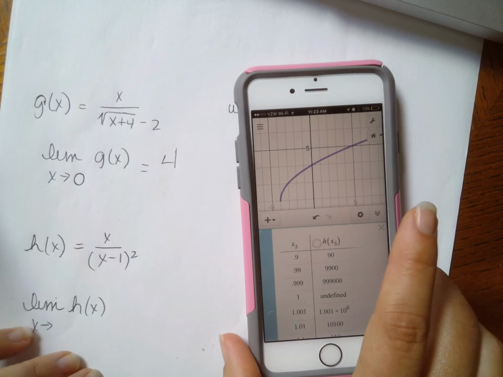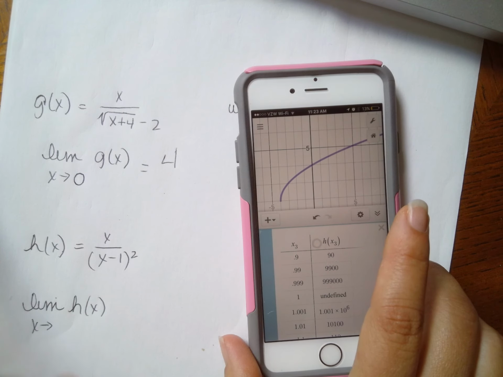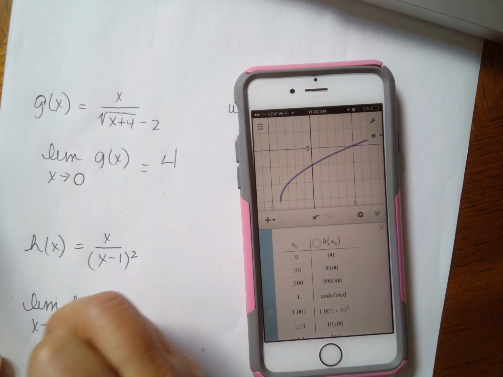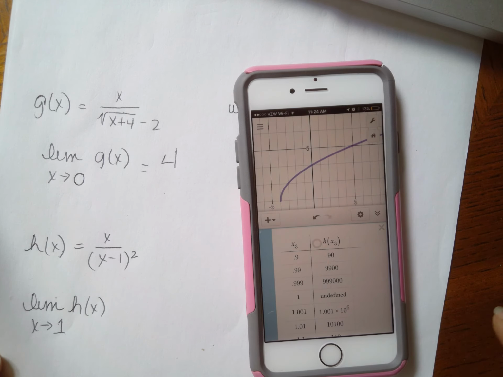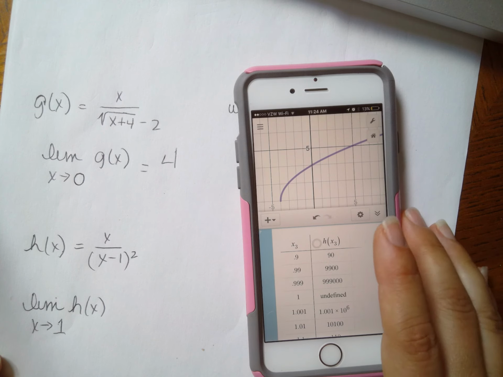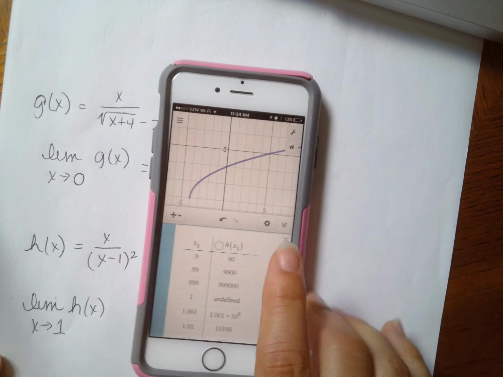So at 1, right, that's where I'm worried about my denominator being 0. That's where we're looking. That's why we look at limits in the first place for the most part. There are places that we look at that are continuous, but those are more for an exercise. Okay, so I'm going to look for the limit as x approaches 1 because that's my domain restriction.